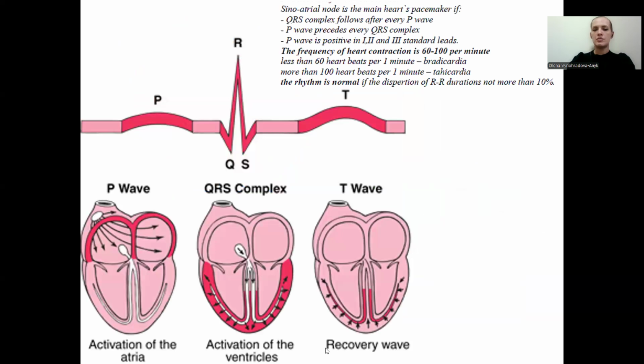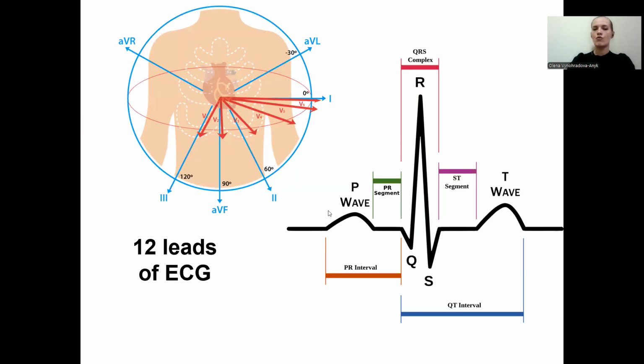When we are talking about the main description of ECG, we can say that ECG consists of the P wave, QRS complex, and T wave.